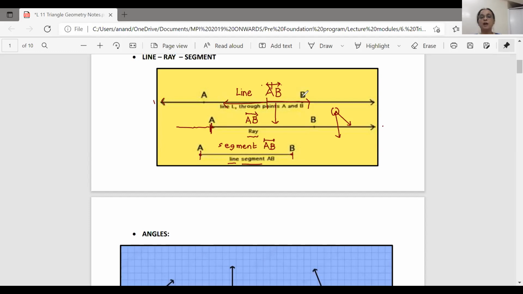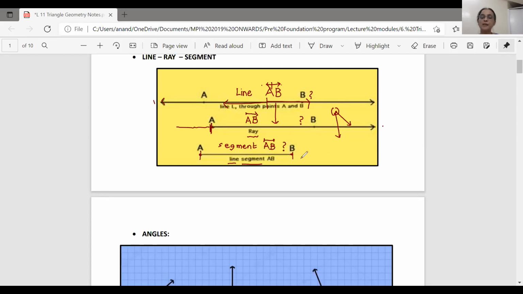Now, out of these three, will I be able to measure the length of a line with a scale? Will I be able to measure the length of a ray with a scale? Will I be able to measure the length of a segment with a scale? Think to yourself.